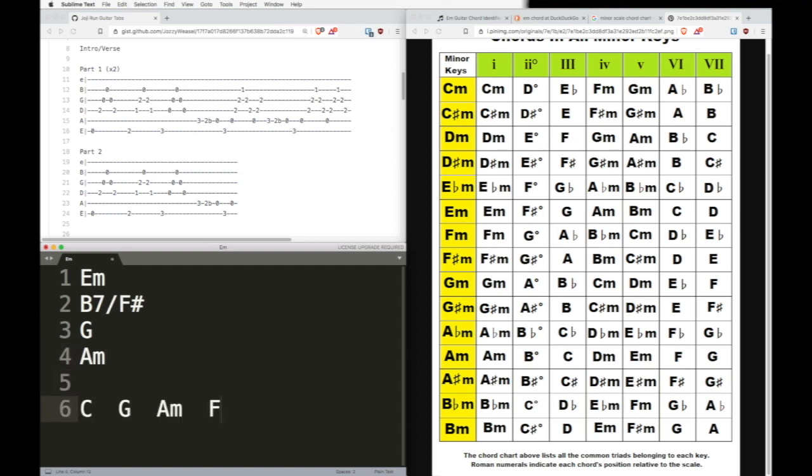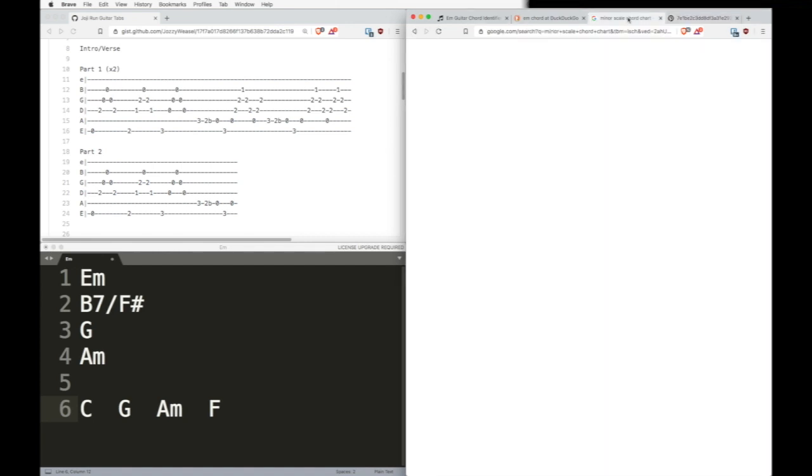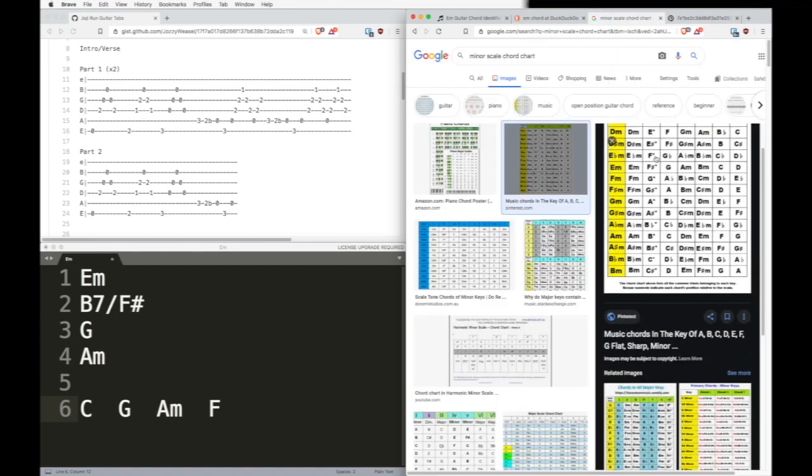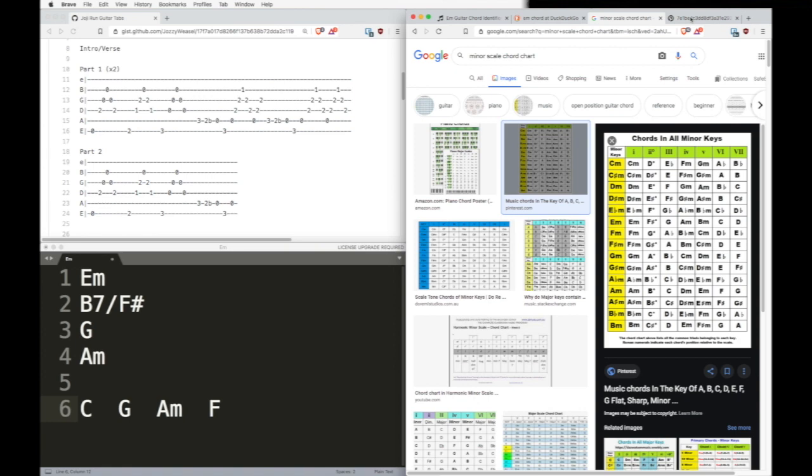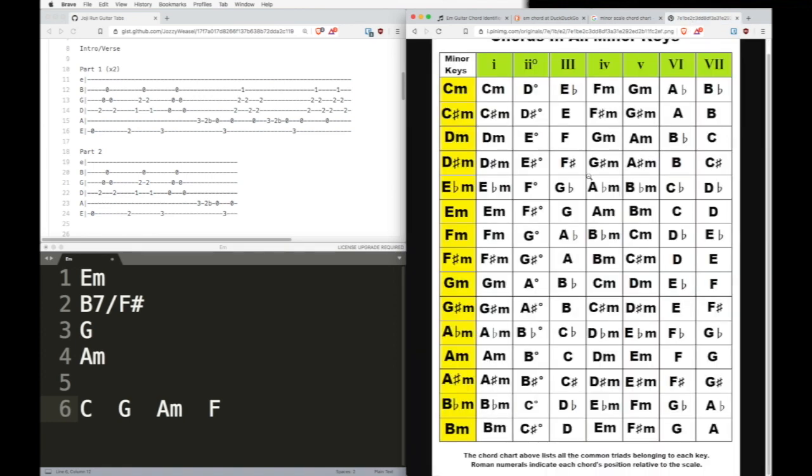And this chart is kind of what they're talking about, except this is in a minor key, and this right here is in a major key. But basically, you can just go to Google Images and look up minor scale chord chart, and then you can find this chart. And with this chart, you'll basically be able to find the 4-chord versions of a minor key.